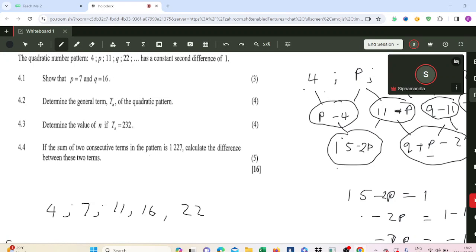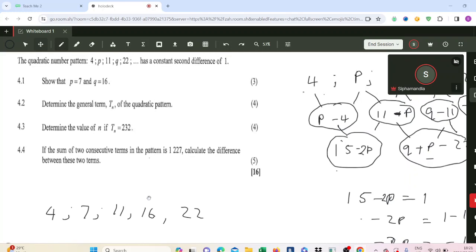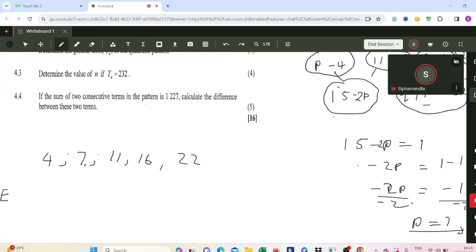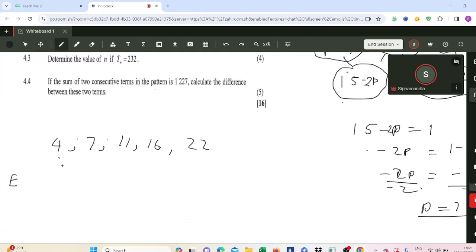The first one, obviously, is 7 minus 4, that is 3. And then here is 11 minus 7, that is 4. Okay, that is 3 here, and that is 4 here.